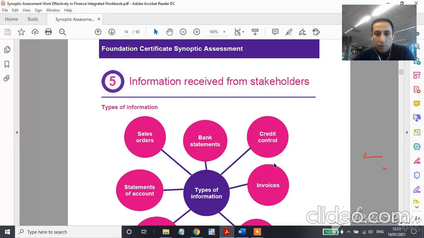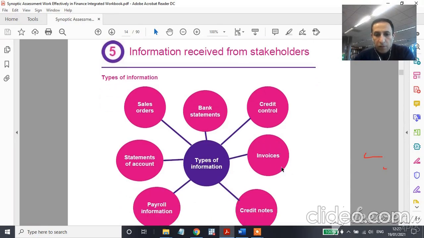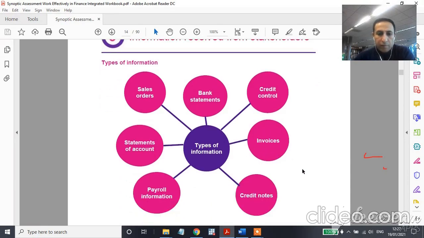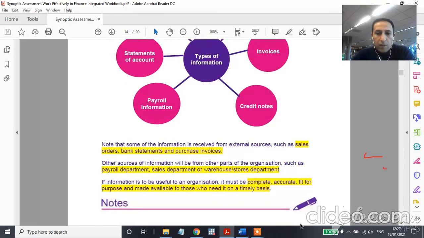A creditor, for example, requires invoices. This kind of information is really necessary, for example, for the credit note and the payroll information. Each of them is dealing with different issues.